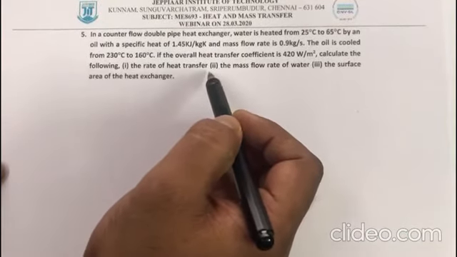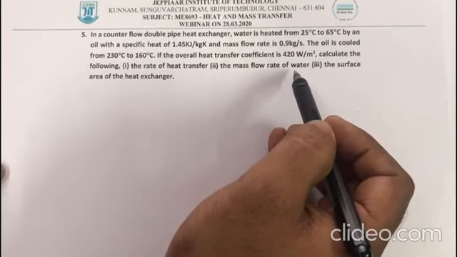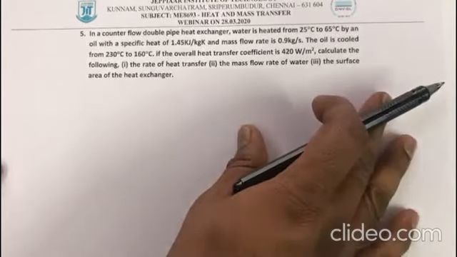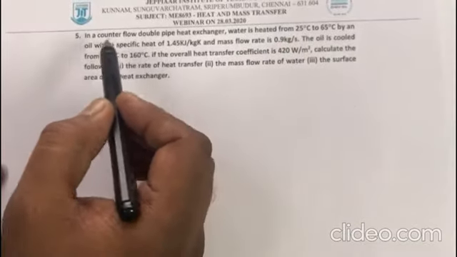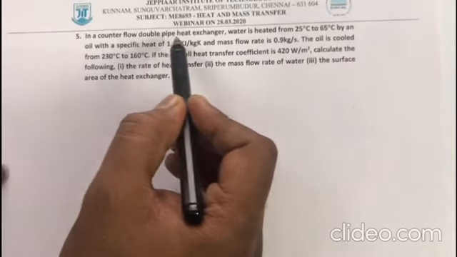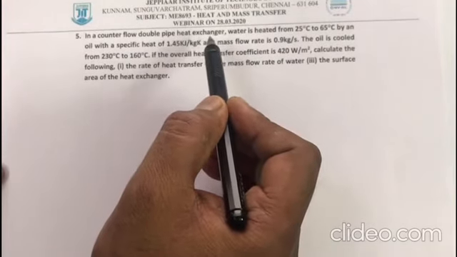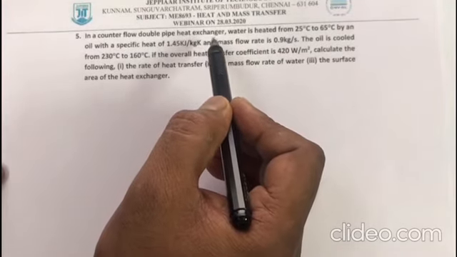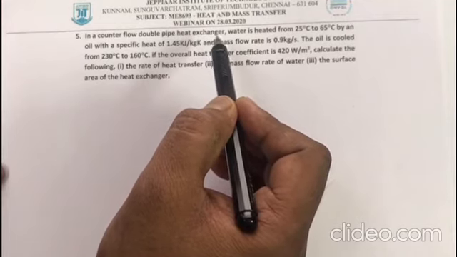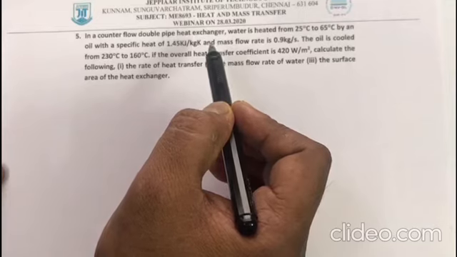the rate of heat transfer, which is Q, the mass flow rate of the water m dot, the surface area of the heat exchanger A. So as far as this counterflow double pipe heat exchanger is concerned, you will have two pipes in which water is flowing in pipe 1 and oil is flowing through another pipe.